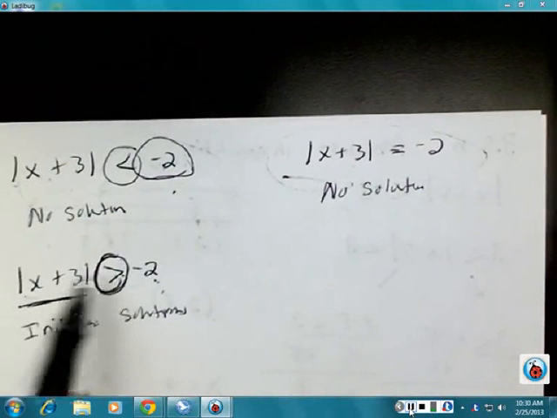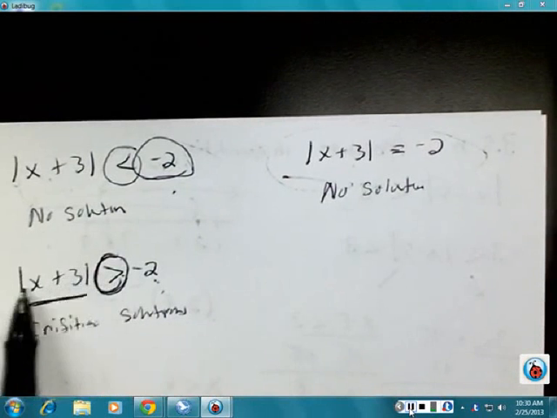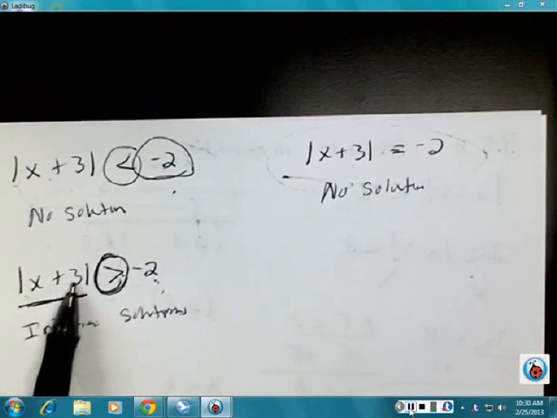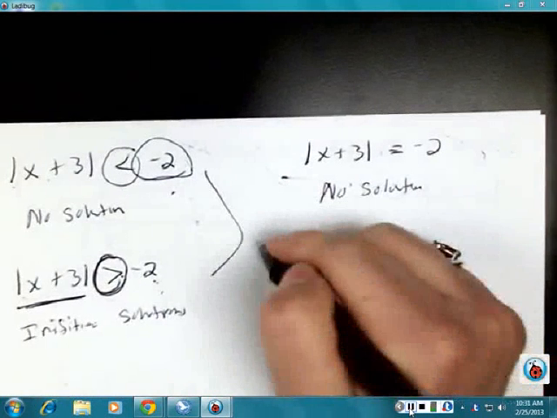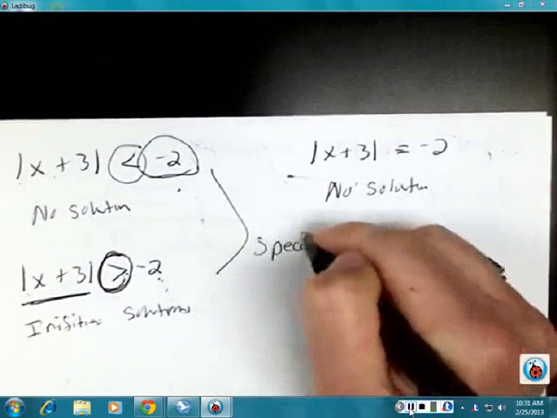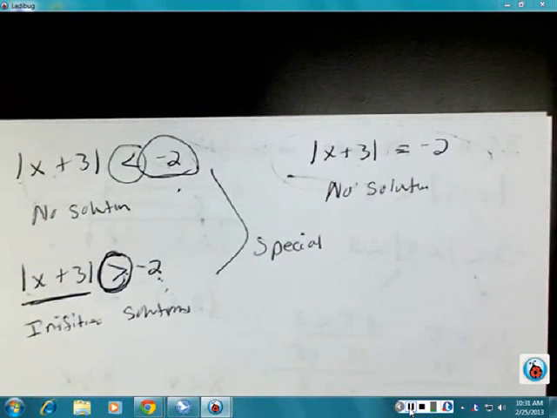If I put a negative 5 plus 3 is a negative 2, but an absolute of a negative 2 is a positive 2. So it's always going to be bigger. So this one has an infinite number of solutions. So these two are the special ones. Be careful with those specials because they do come across in a variety of places. So watch those and make sure you pay attention to what happens with them.